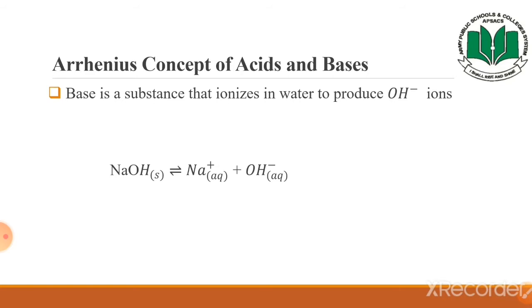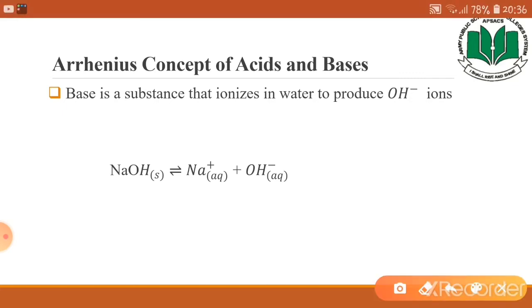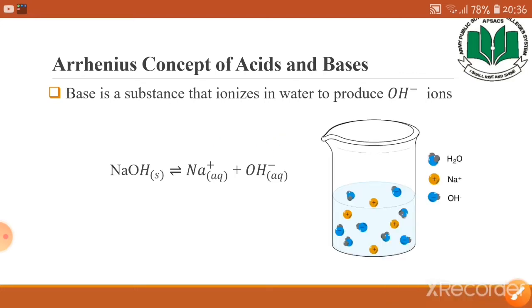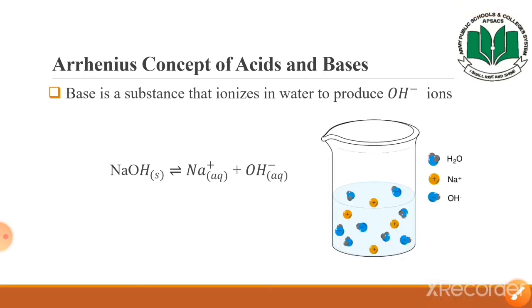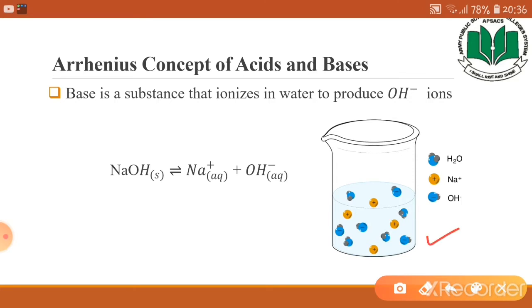Here is one example of a base that, when dissolved in water, results in the formation of sodium ion and the hydroxide ion. As you can see here, in the aqueous solution of sodium hydroxide, we have water molecules, sodium ions and hydroxide ions.